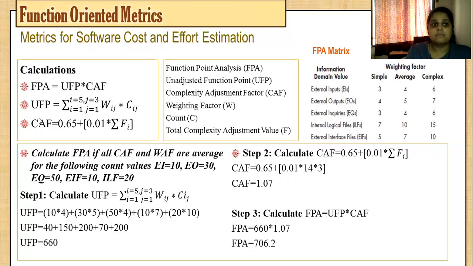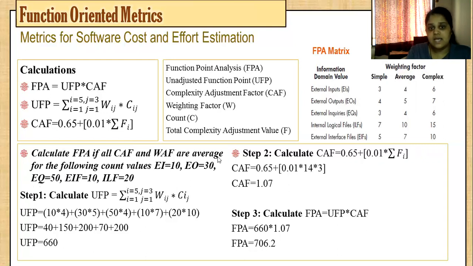Okay. Now let us see this. Calculate FPA if all the CAF and WAF are average for the count values EI, EO, EQ, EIF, and ILF. So these are the counts which are given to you, meaning the value of C is given to you. Weight you are supposed to take from here.